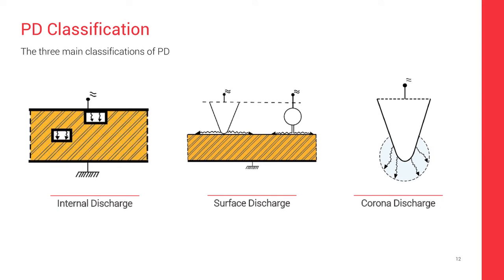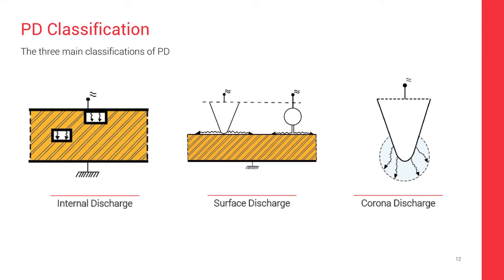We've got internal discharges, where you've got some sort of split or crack or void or air gap inside an insulation layer, where discharge will build up because of high electrical stress. Then we've got what's called surface discharge, where you have defects on the outside of the insulation systems. That can either be touching the surface of the insulation, or very close to the insulation, and you have a high electrical stress built up across that area.